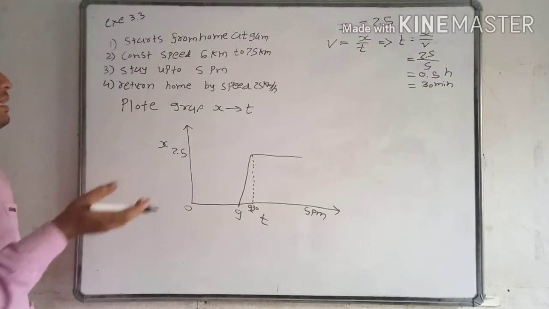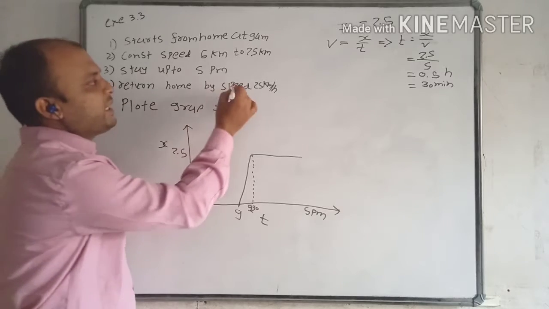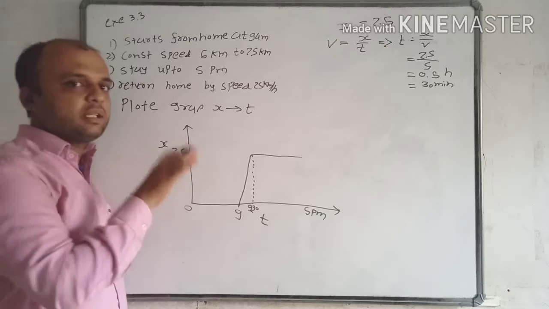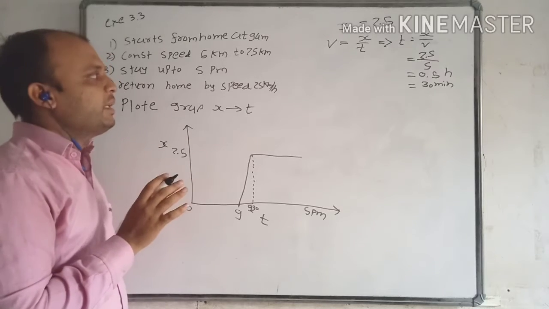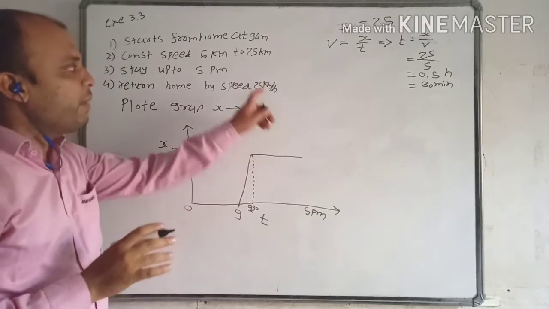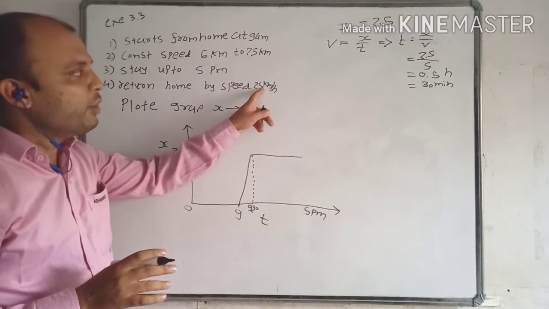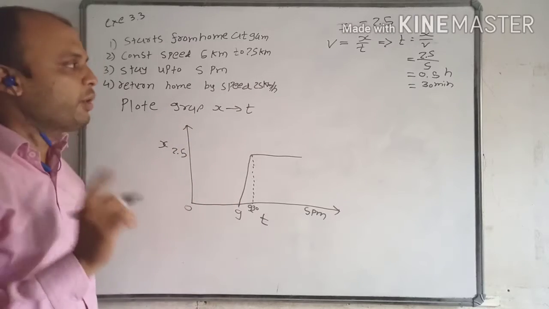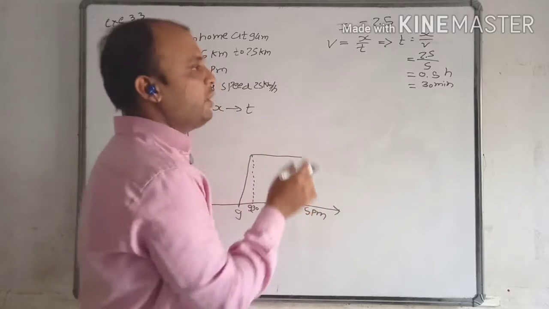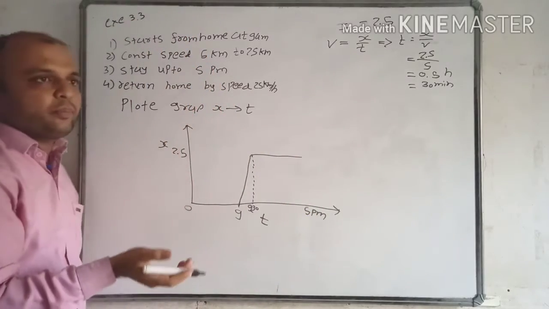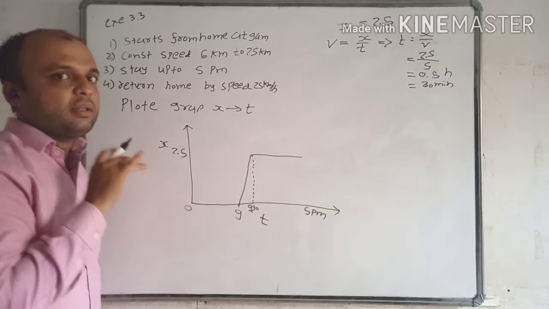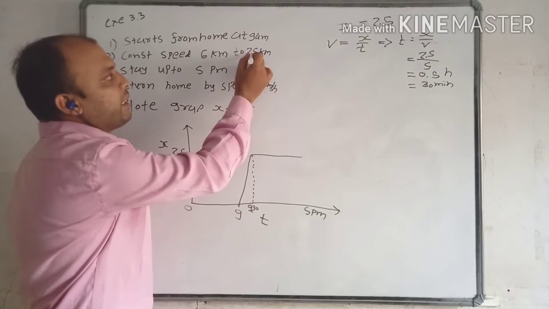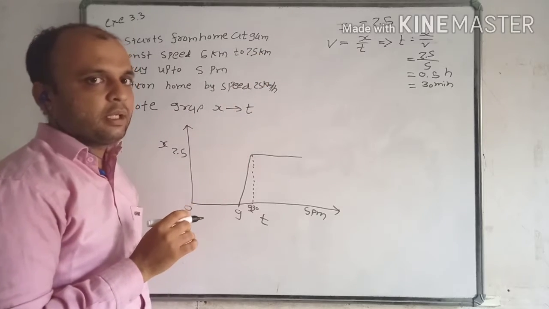After that, she returns home at a speed of 25 km per hour because she returns by auto. Don't forget that the distance remains the same, because she went to the office and is returning from the office to home. The distance given earlier is 2.5 km.